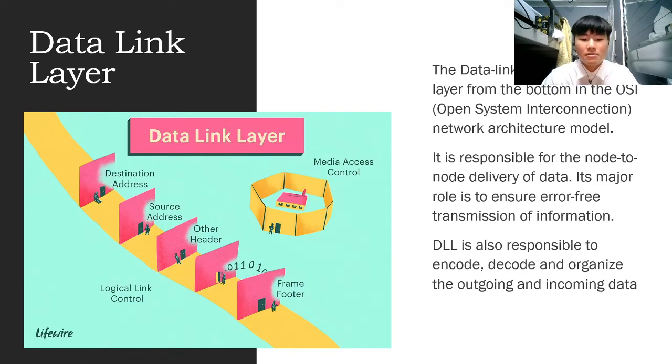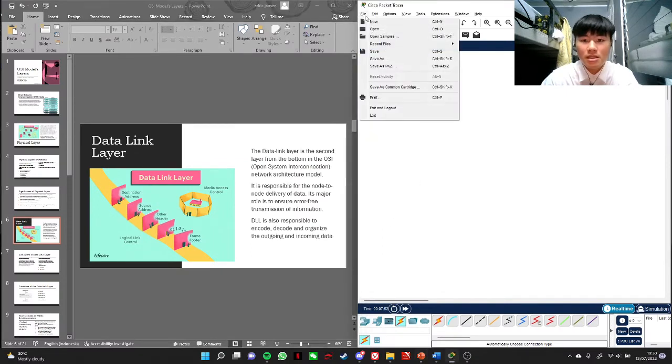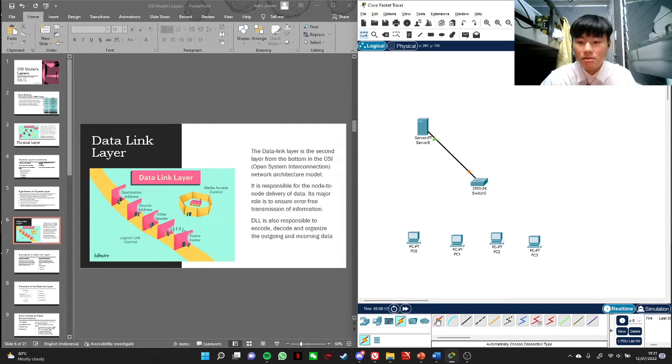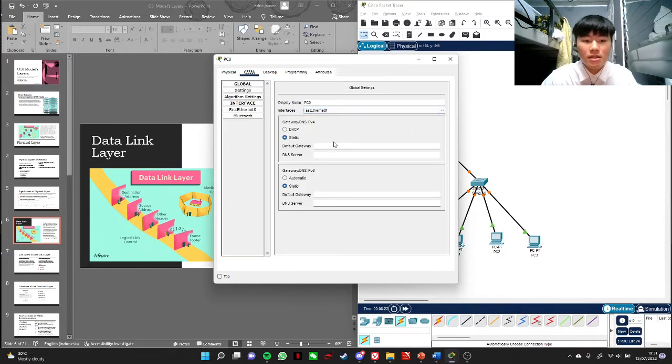So before that, maybe we can create a simple network. Here I will be using a switch and PCs, and we will try to connect this with a server. I will do the IP configuration, and then we will see the layers.